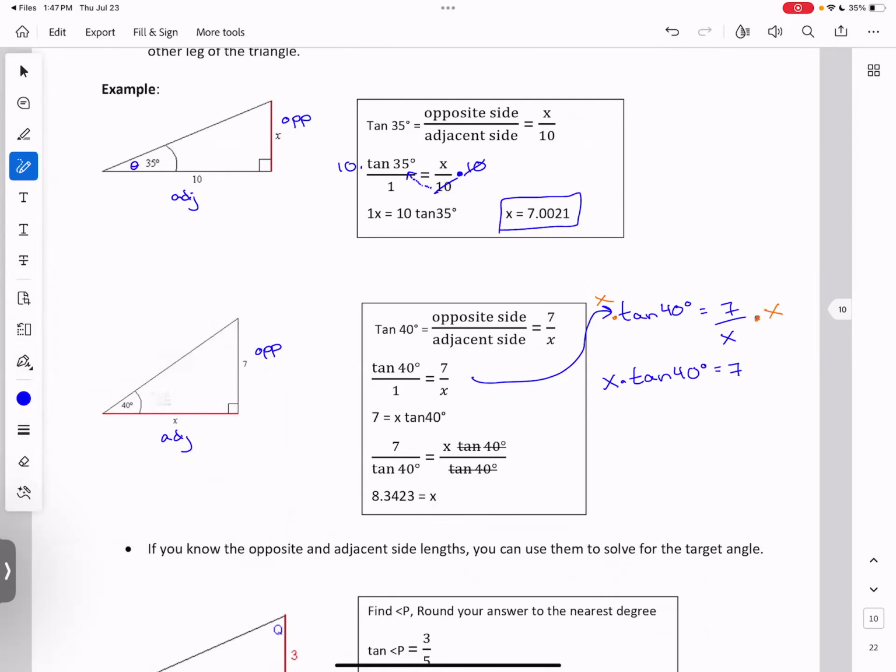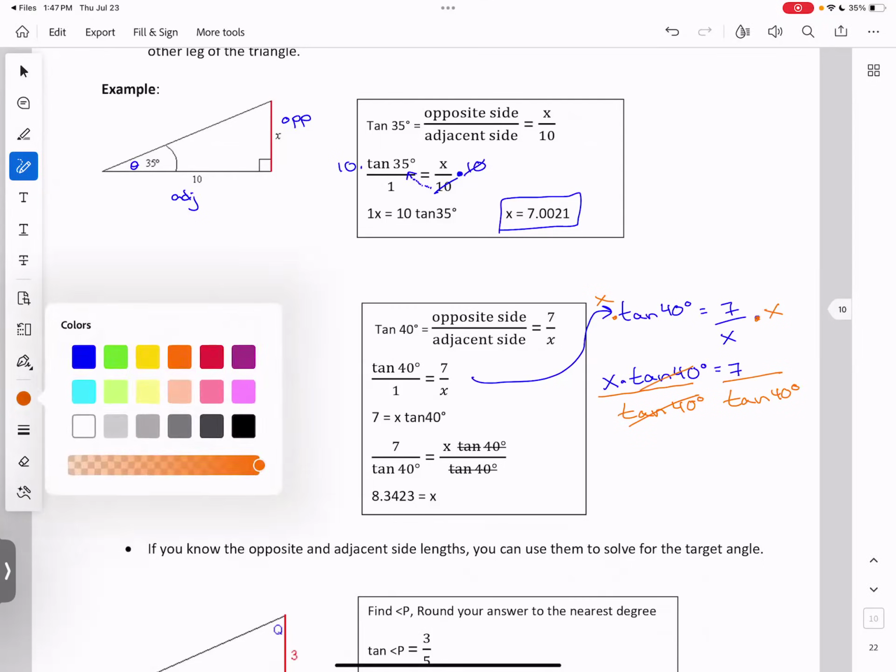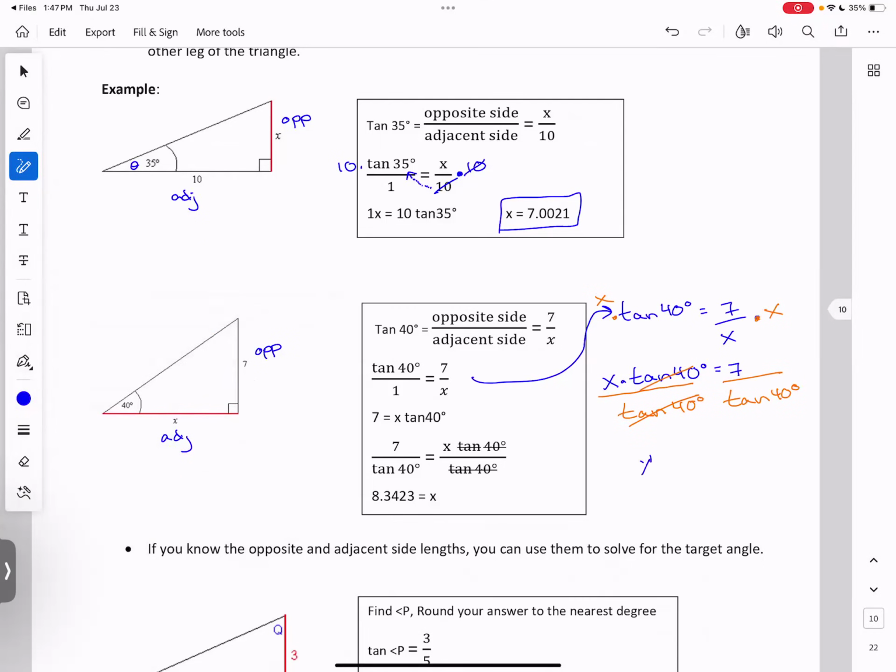And then we're still trying to solve for x, so we're going to divide both sides by tan 40. And then we end up with x equals 7 over tan 40, which is what you'll see in the problem down here.